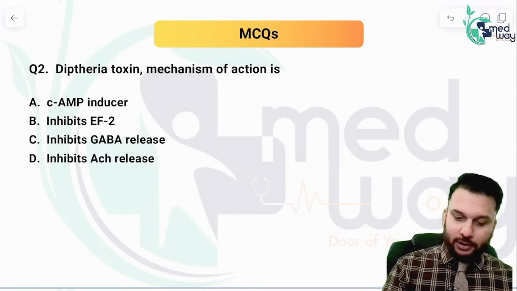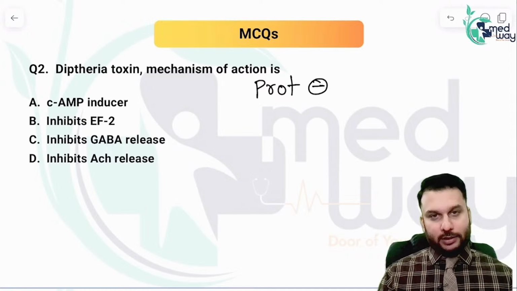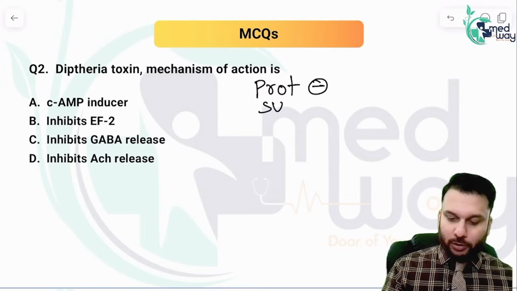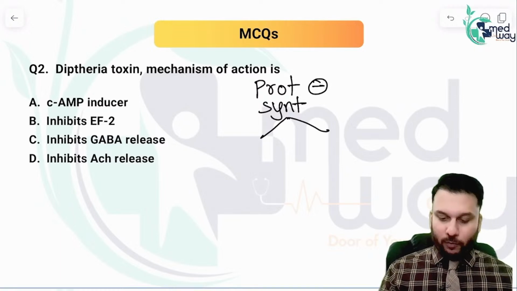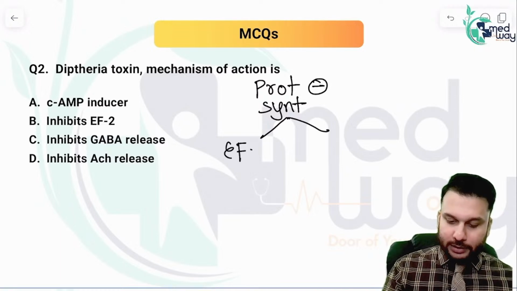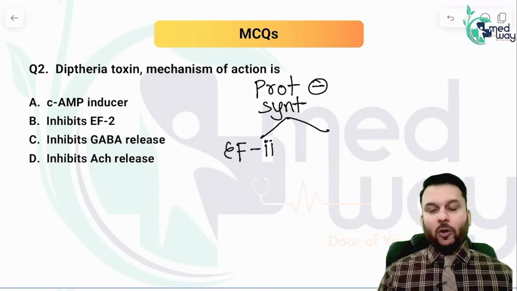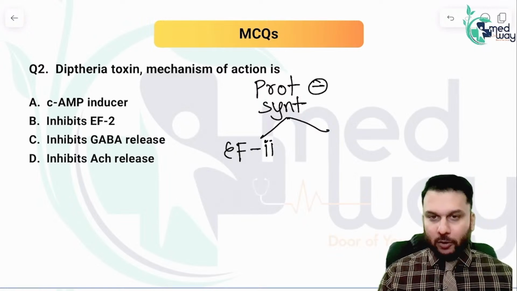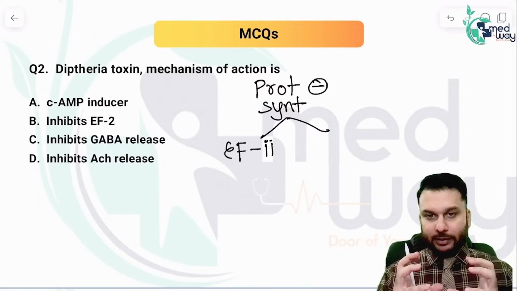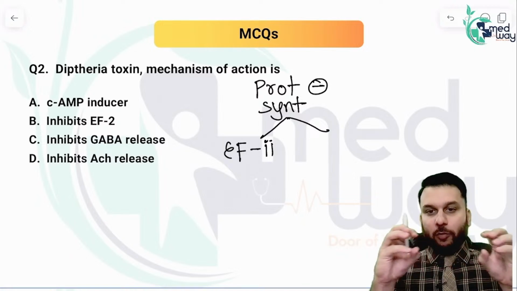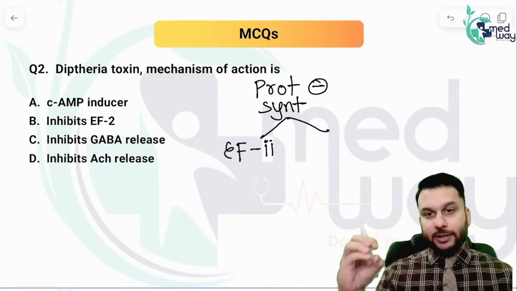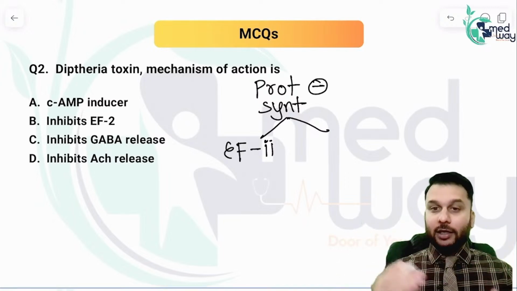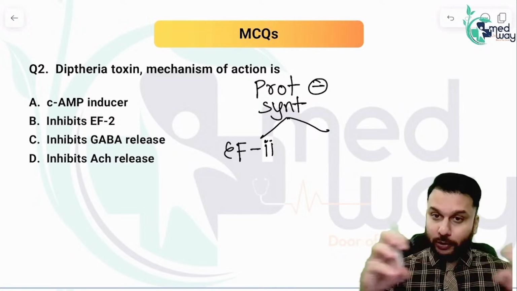See, actually speaking, there are 4 organisms that inhibit protein synthesis. Okay. So what are these guys and how do they do that? There are 2 mechanisms. One of them is they block something called elongation factor. Elongation factor, you can think of it like this. A protein is made up of a polypeptide chain and we need to elongate that polypeptide chain, and if you block this factor, then the protein cannot be made.